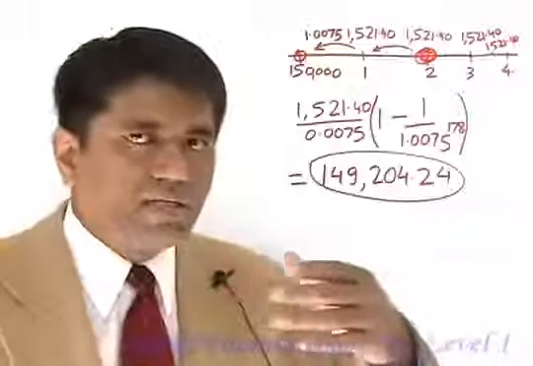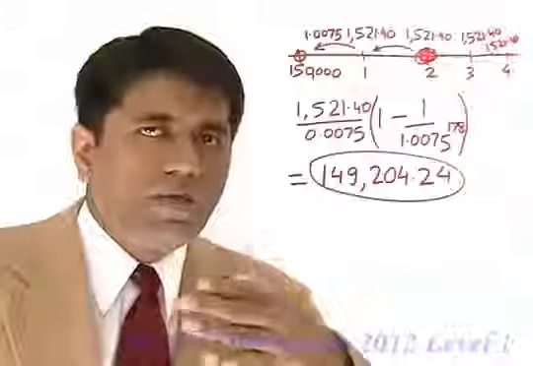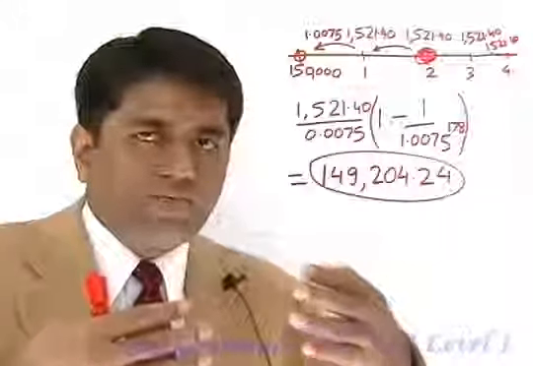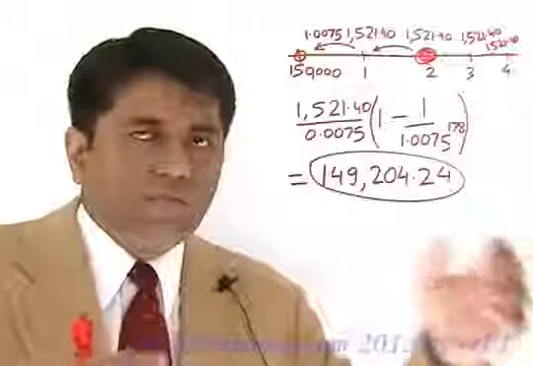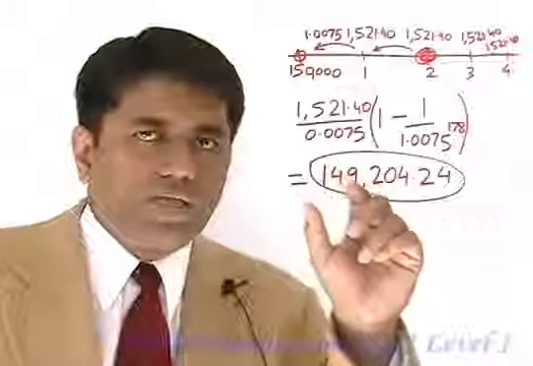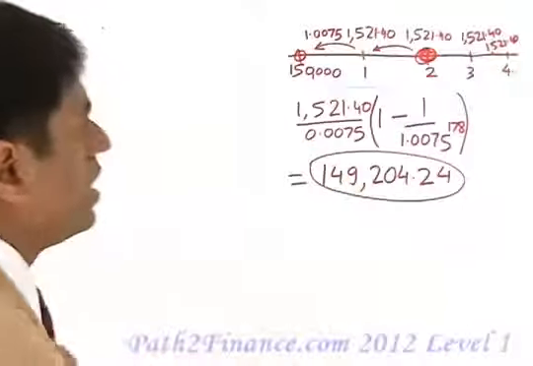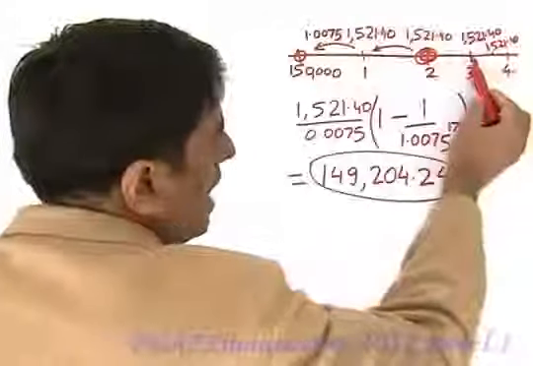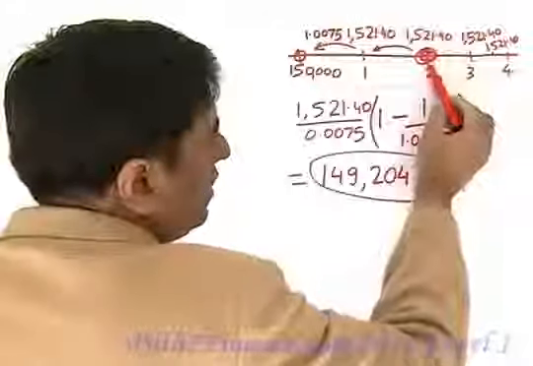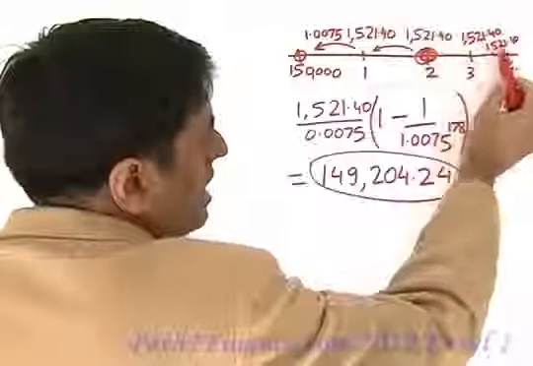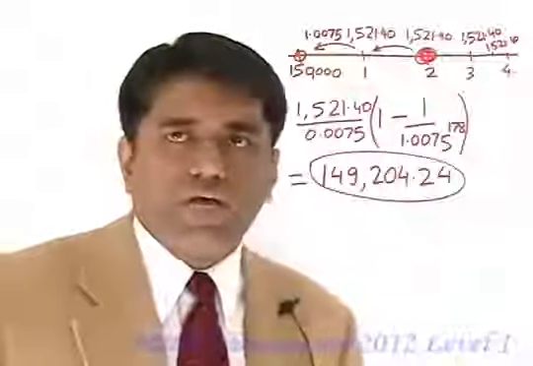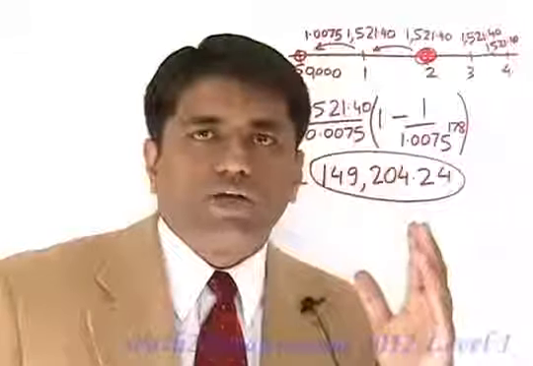So you see that whether you think of the loan as 150,000 invested, growing at 0.75% every month, and then you find out the remaining principal, or alternatively you think of the remaining principal as the value at time 2 of the remaining 178 payments, they shall both give you the same answer because they are both correct logically.